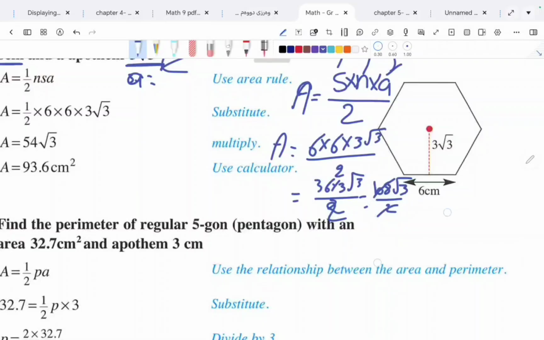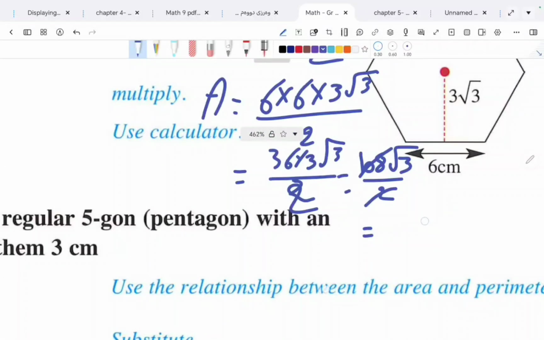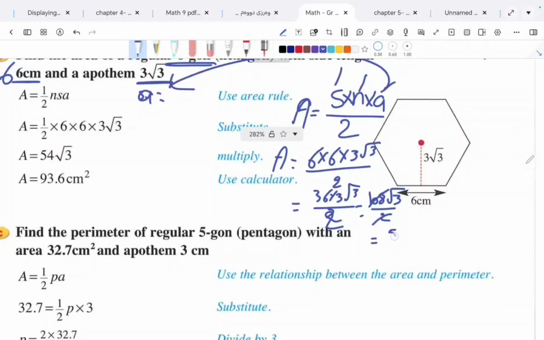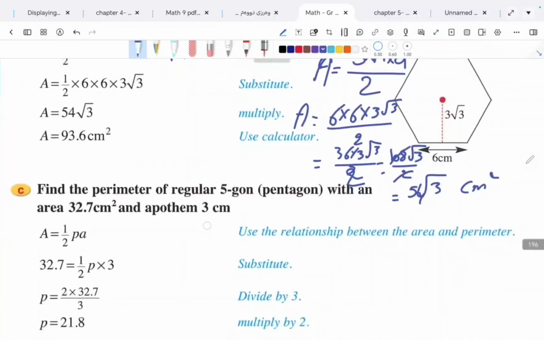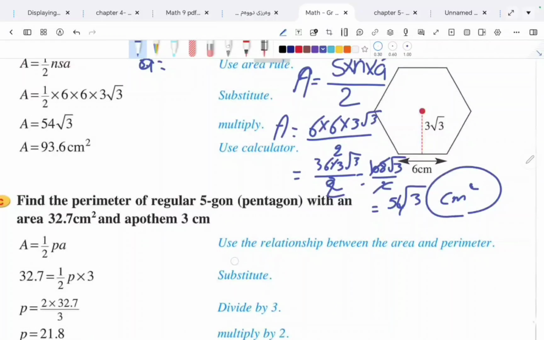Can I simplify? Yes, it will be 54 square root of 3. The unit is centimeter squared. Pay attention: the units of area are always to the power 2.